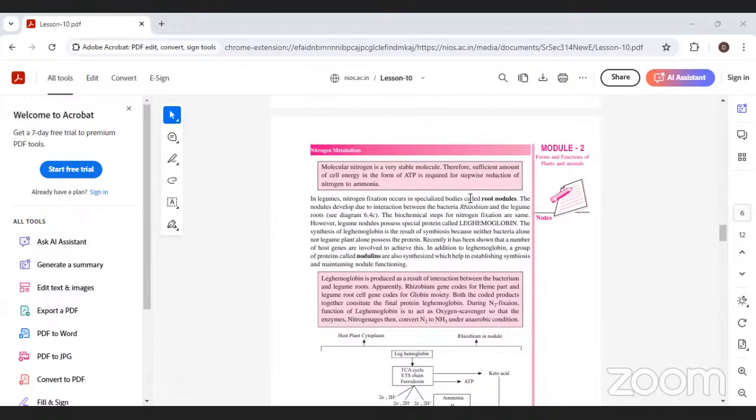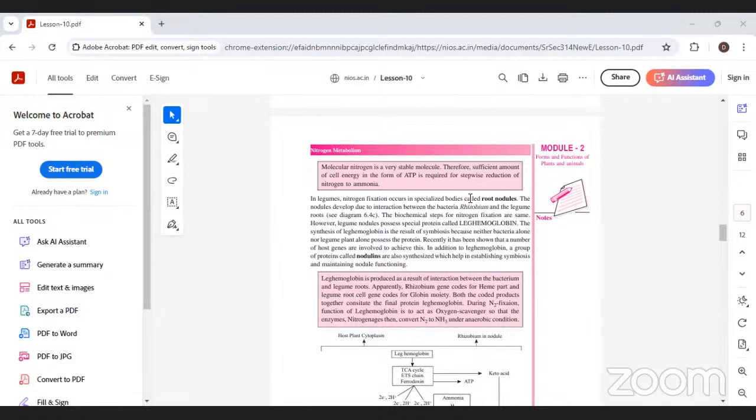Very important, root nodules, where you can observe the nodule due to interaction between the bacteria, called Rhizobium bacteria, and the legume roots. The biochemical steps for nitrogen fixation are the same.